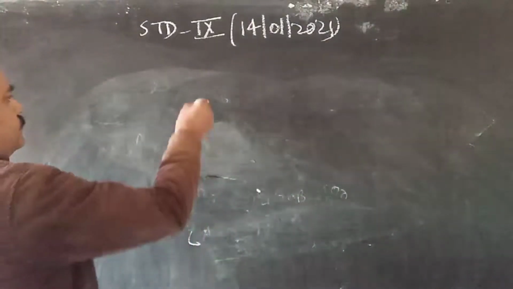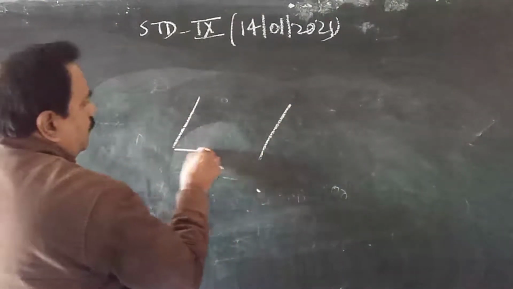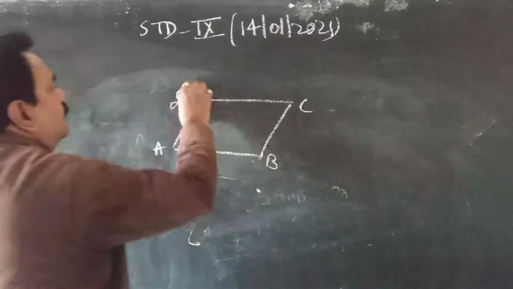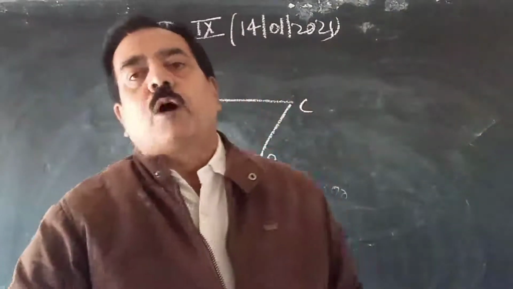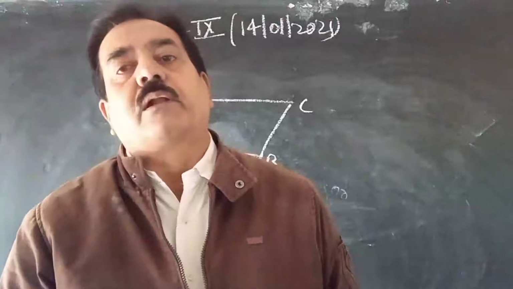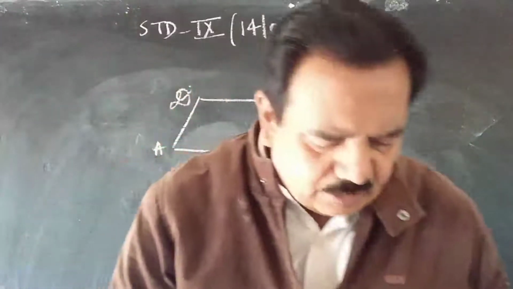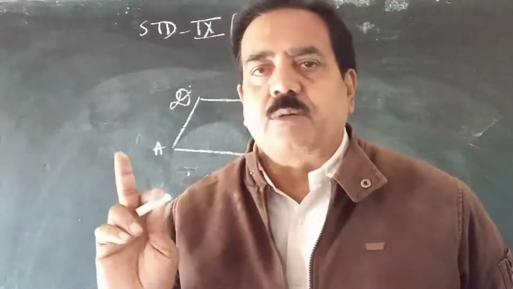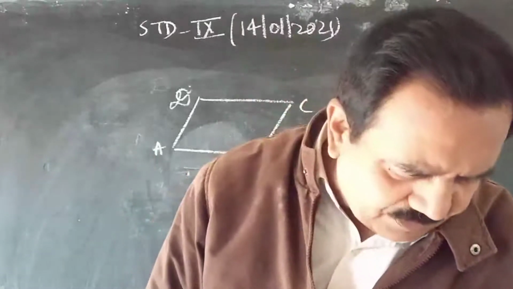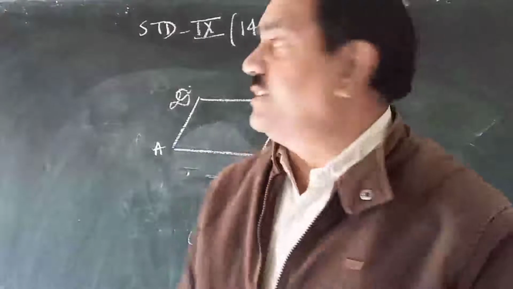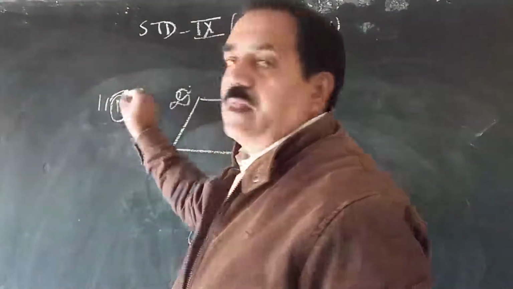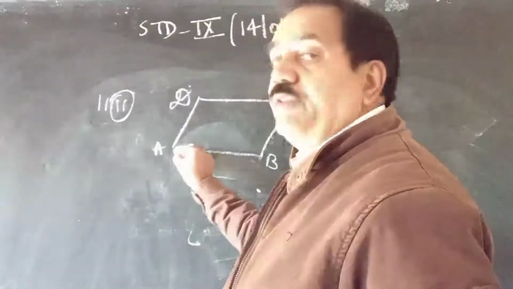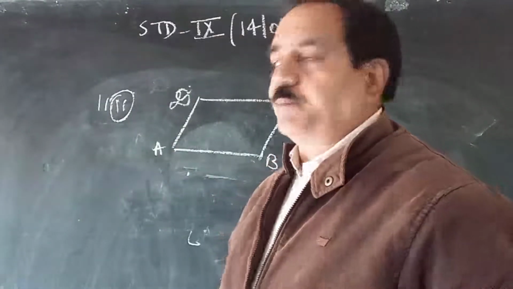Next, given ABCD is a parallelogram. The bisectors of opposite angles of a parallelogram are parallel, that you have to prove.